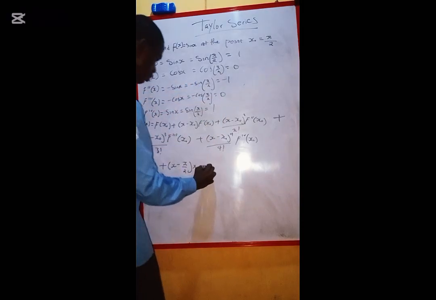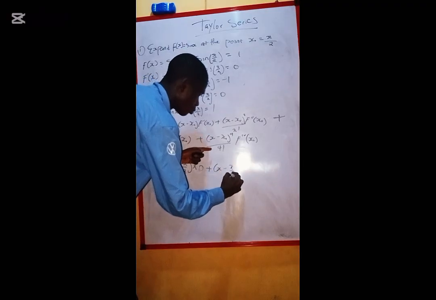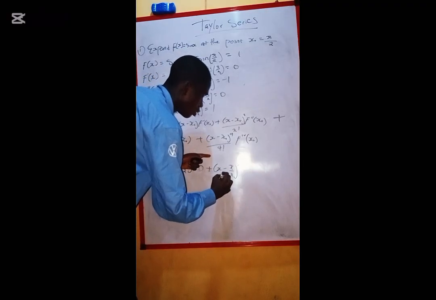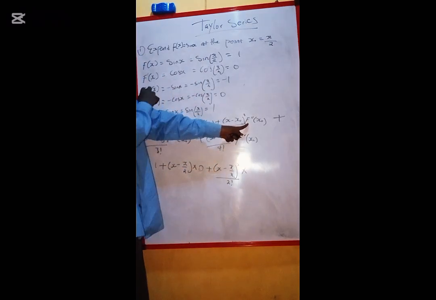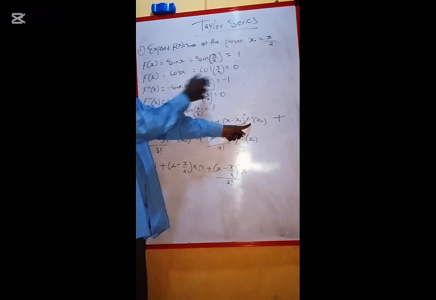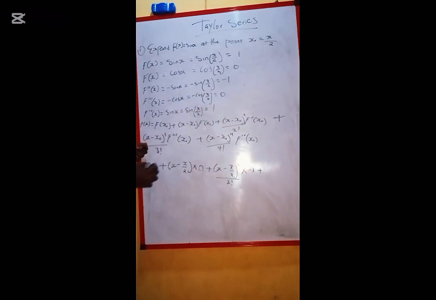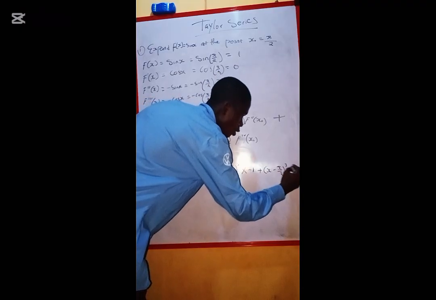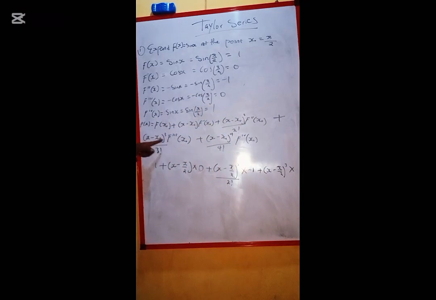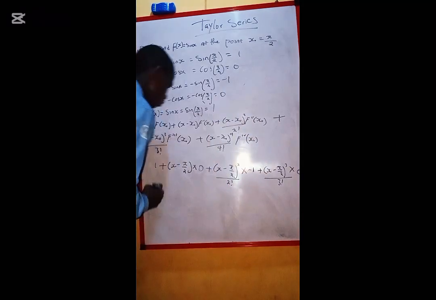Then for the second one, (x minus pi over 2) squared over 2 factorial times the second derivative, which is minus 1. For the third one, x minus pi over 2 cubed times the third derivative, which is 0, over 3 factorial.